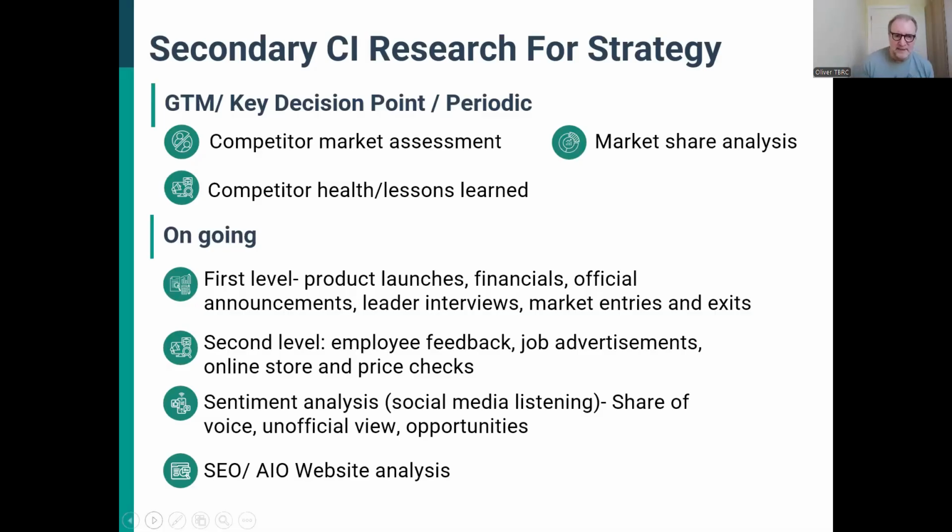But essentially, it's a deep dive on your competitors, either strategic and/or financial, looking at their market share, and learning lessons from that, both from their successes and their failures.